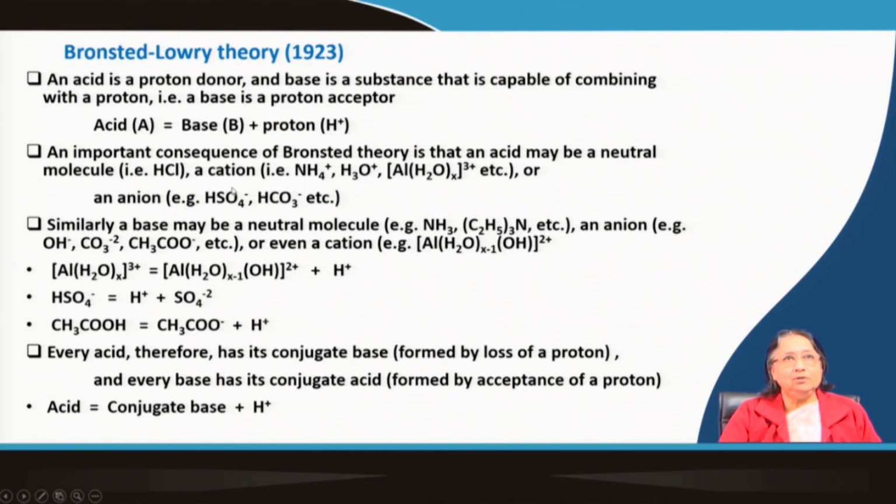Why? Because this bisulfate can give a proton, bicarbonate can give a proton, so it is an acid. Ammonium ion can give a proton, hydronium ion can give a proton, so it is an acid.